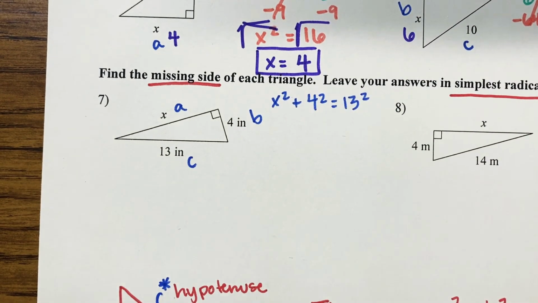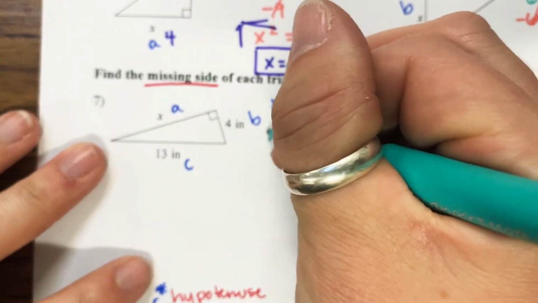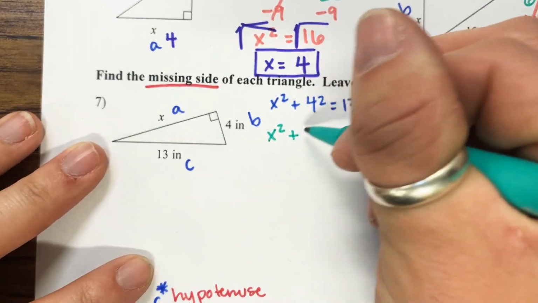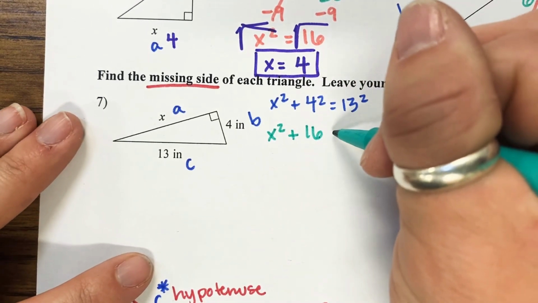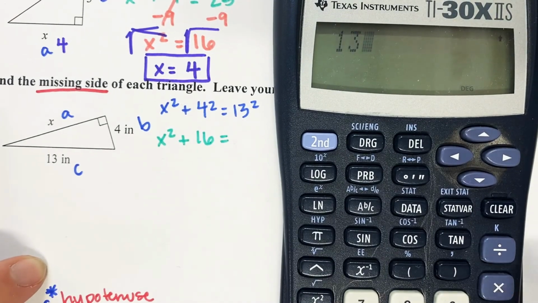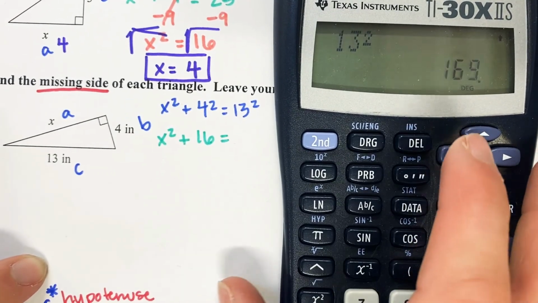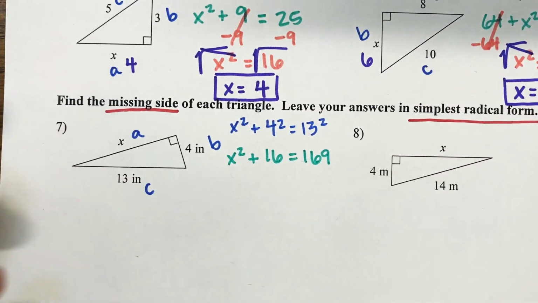Awesome. So now let's simplify. Can we simplify x squared? No, we can't. But what is 4 squared, or 4 times 4? 16. And what is 13 squared? You can put this in your calculator if you need to. 13 squared gives me 169. Beautiful.